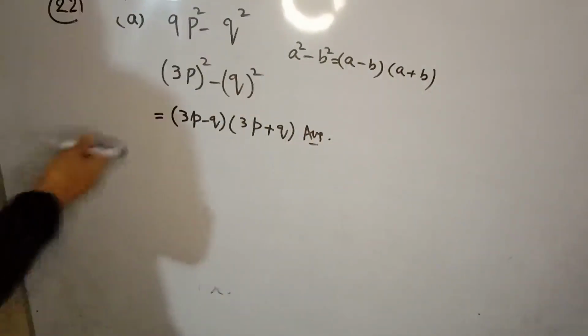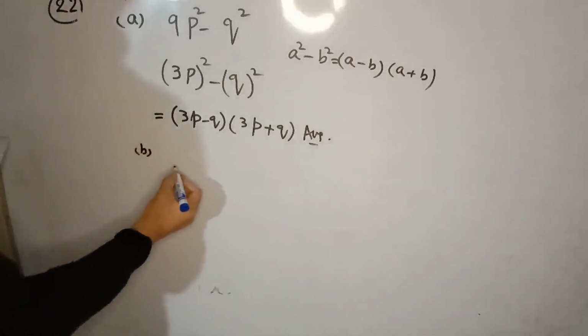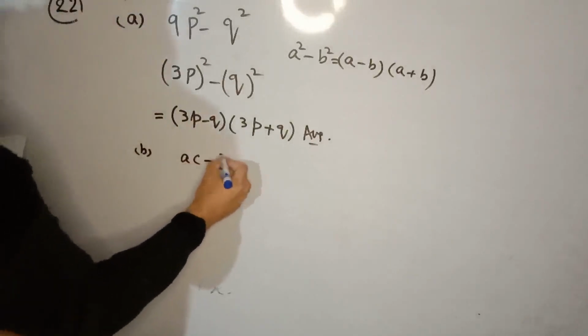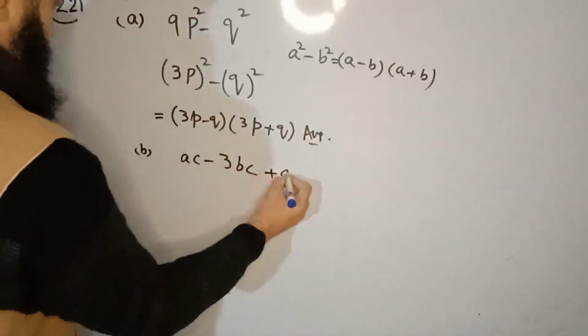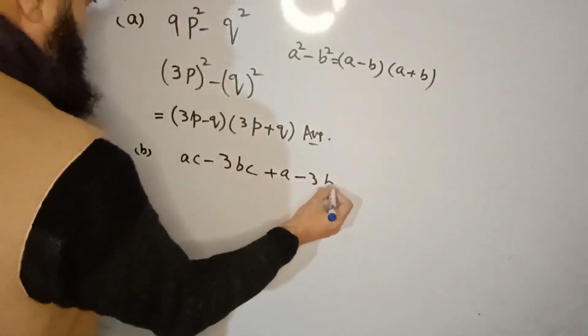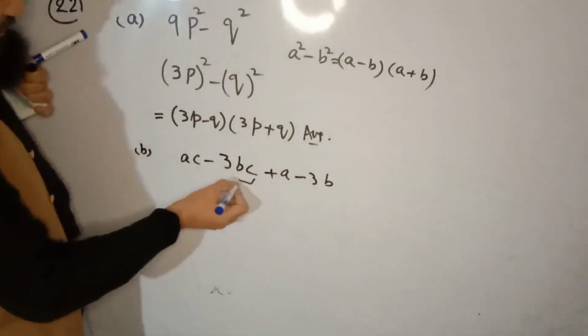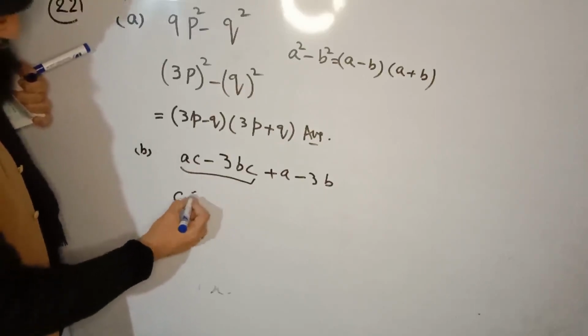Second is, b part is, we have to factorize AC minus 3BC plus A minus 3B. If we take C common from these two terms, then C is common.